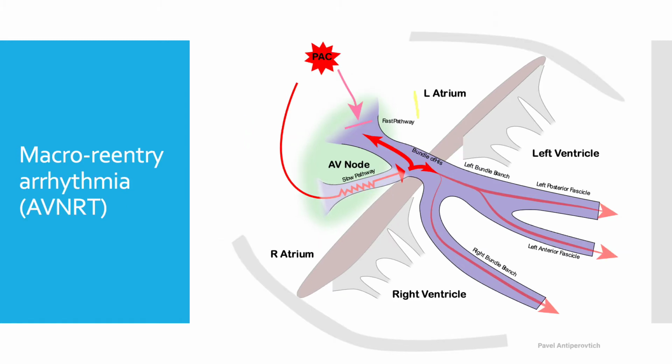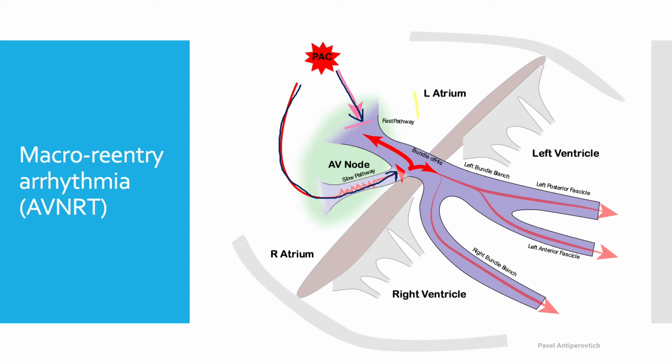In a subset of patients with dual AV node physiology, the conduction properties of the pathways are such that an arrhythmia can occur. Consider a PAC that activates the atrium prematurely. The signal is first blocked in the fast pathway, which has a longer refractory period than the slow pathway and takes longer to recover. Yet the signal can enter the slow pathway and proceed its way to the common pathway.